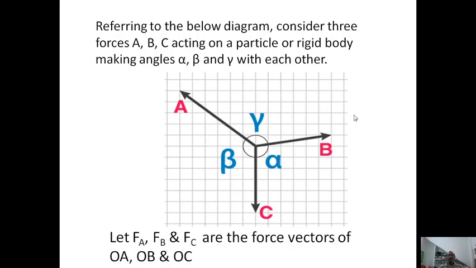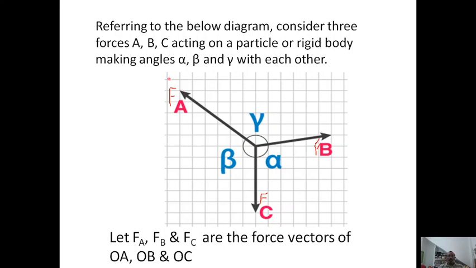So there are three forces Fa, Fb, Fc subtended with angles alpha, beta, gamma.